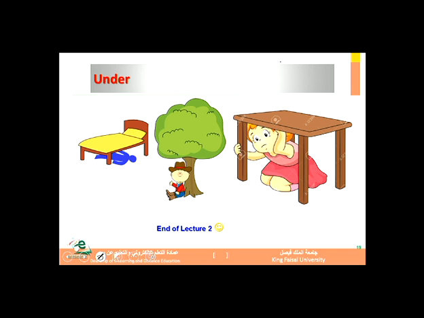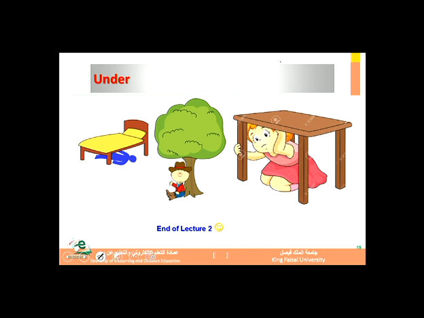So clearly this image gives us a better way of understanding those prepositions. When somebody or something is under something else or covered by something else, we could simply say she or he is under the table, or under the tree, or under the bed, and so on.